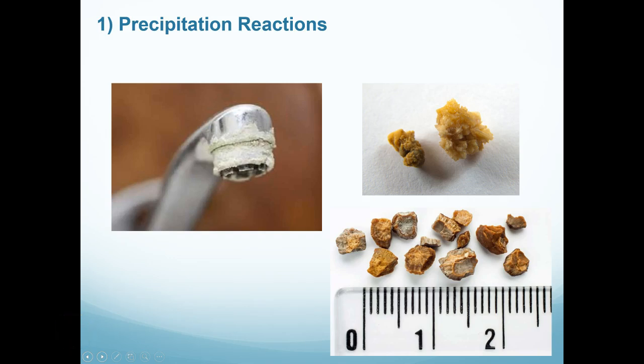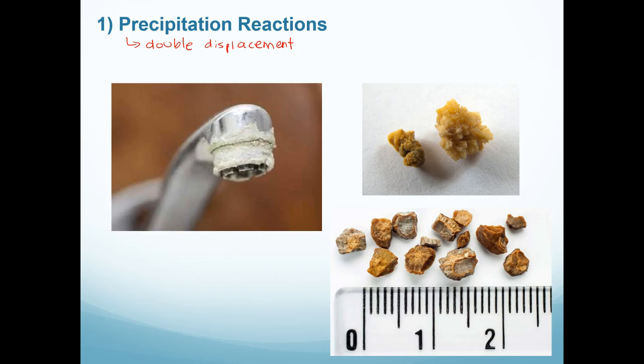So that brings us to our first type of chemical reaction. This is called a precipitation reaction, also known as double displacement. Some books also say replacement, okay? But it's a type of reaction where I'm forming a solid. So the formation of calcium salts that form things like hard water or kidney stones are different types of calcium salts, usually calcium oxalate.